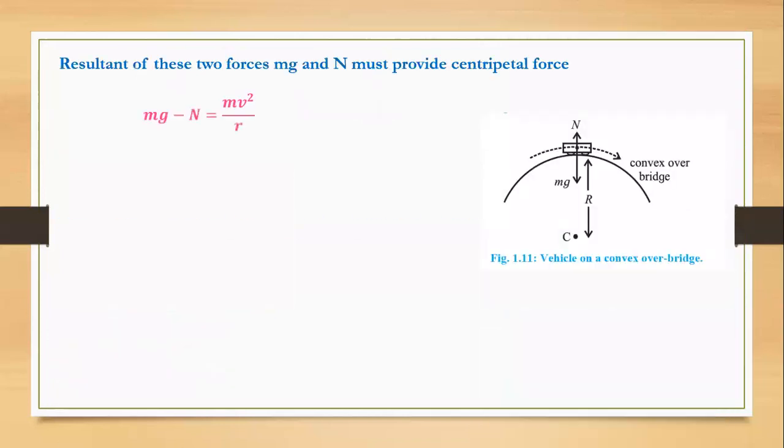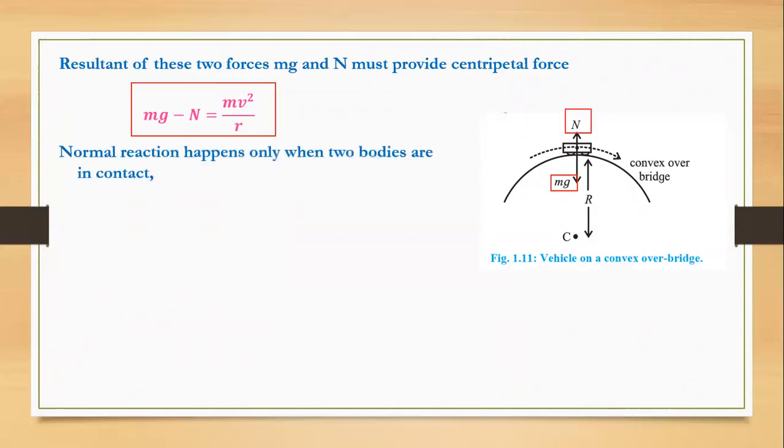Now we can see the equation here. mg minus N is equal to centripetal force. This is the mg and this is N. Both together provide the centripetal force. But for this motion, if the vehicle wants to maintain contact with the bridge, we have to consider the normal reaction, and that normal reaction must be zero.